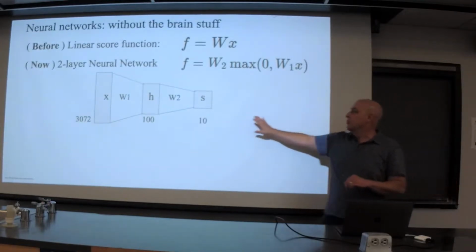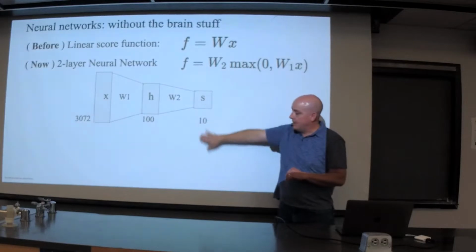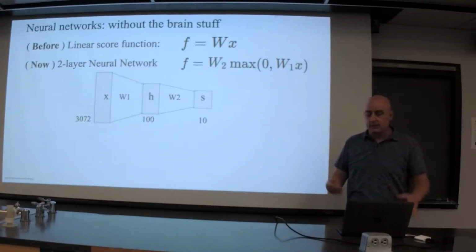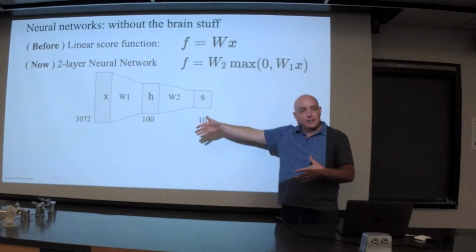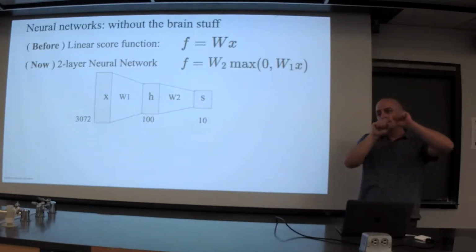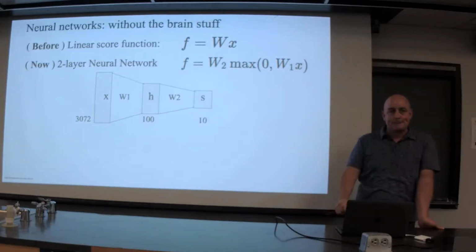Like when we were looking at the softmax loss, there was a softmax activation layer here, right? That turned all your scores into a probability distribution.